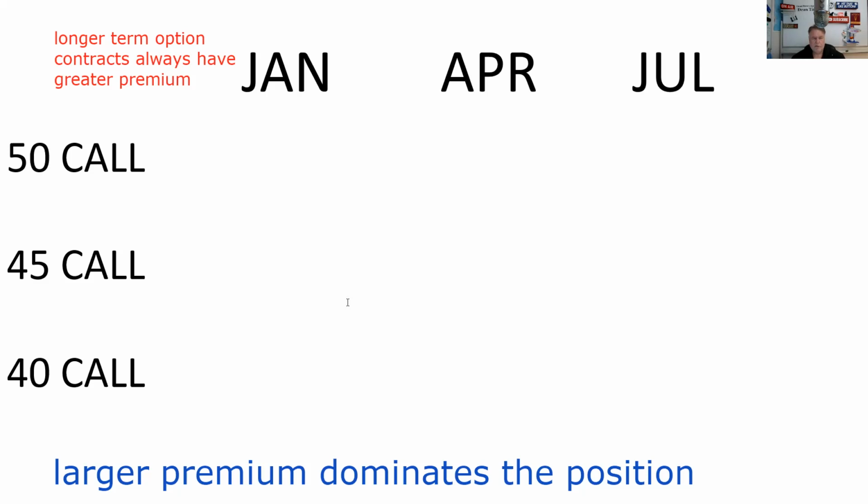Whether or not you understood that discussion, the key takeaway is the longer term option contracts always have greater premiums. So as we're looking here at these 50 calls, the January, the April, and the July, we would know, even with missing premiums, that the July 50 call is going to have a greater premium than the January.